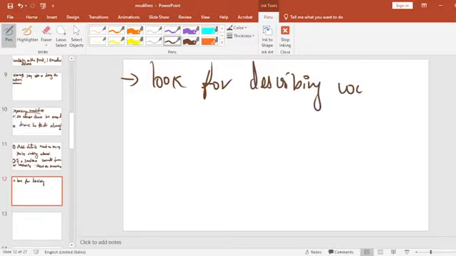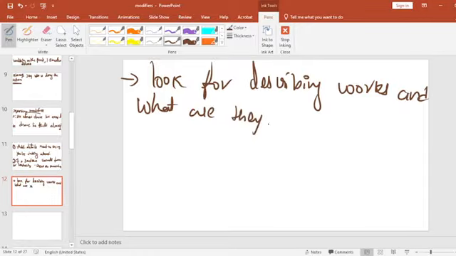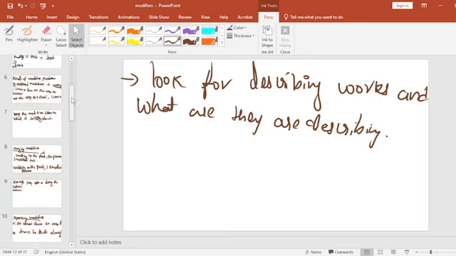So these are few tips that you have to remember when it comes to modifiers. I hope you understood what is modifiers. I'll just give a small revision for you.